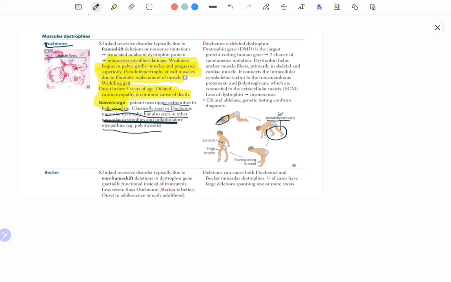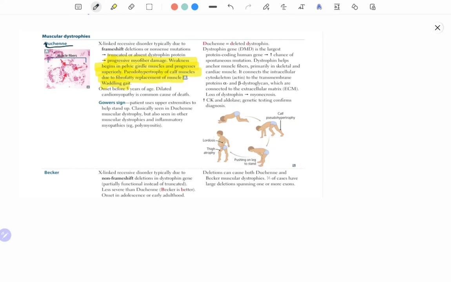This Gowers sign also occurs there. Here the patient is pushing on the legs to stand, and you can see thigh atrophy occurs. Thighs are very thin. The patient also suffers from lordosis.